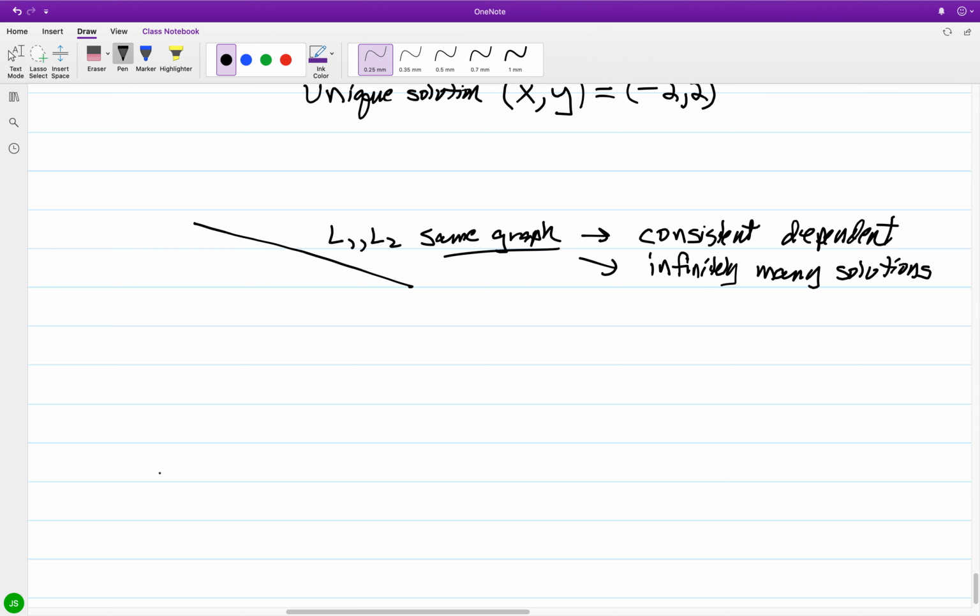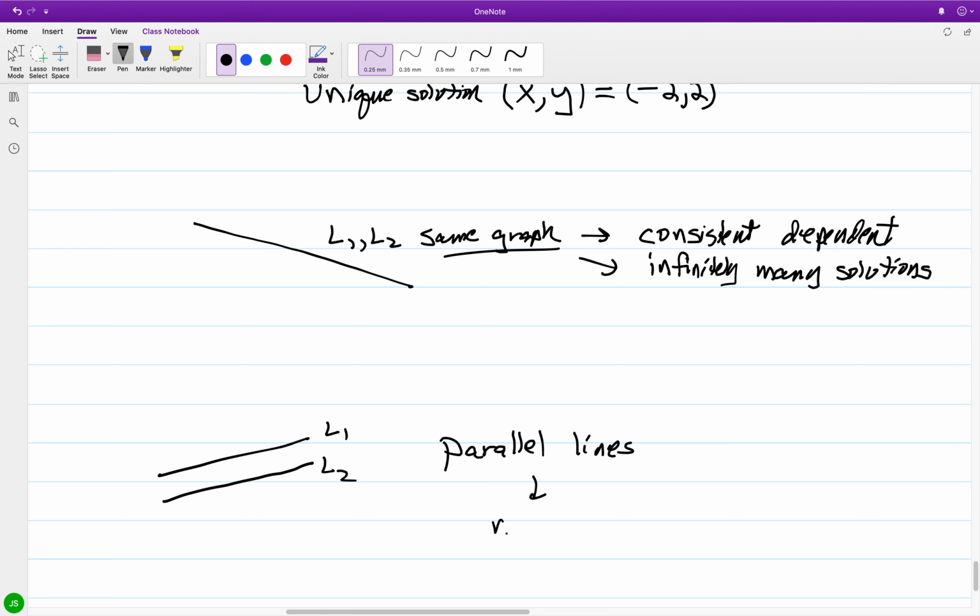And now in the case of the third graph, for L1 and L2, you have parallel lines.